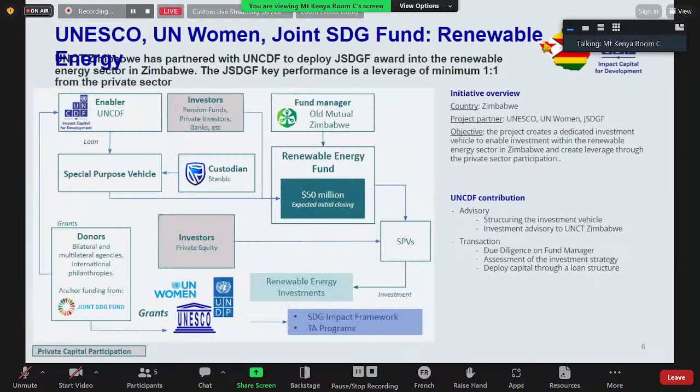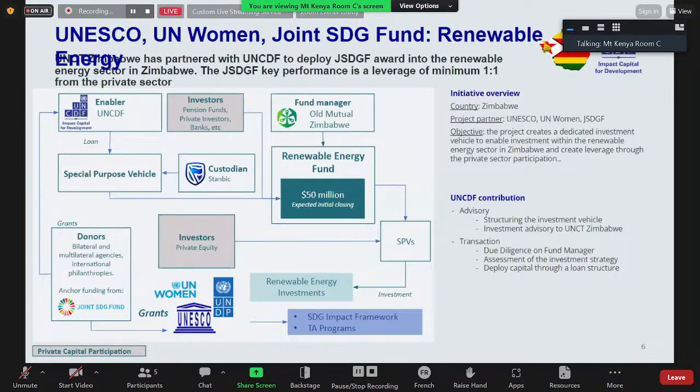This example is in Zimbabwe. It's just recent. Zimbabwe has a gap in electricity production and distribution. The UN country team in Zimbabwe, led by UNESCO, UNDP, and UN Women, identified that alternative energy is a good solution to provide electricity for rural areas and communities.